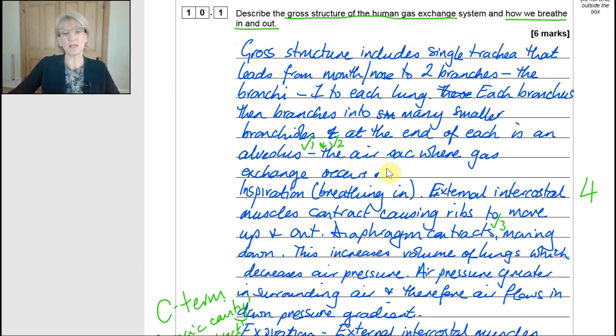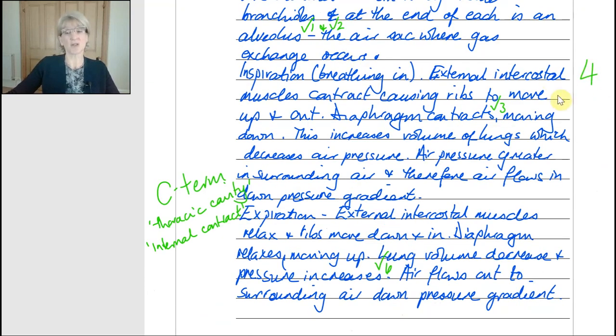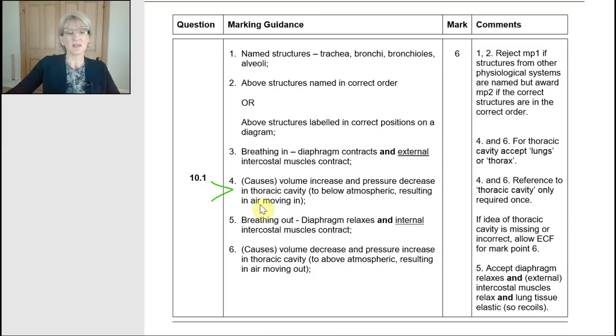So I've pre-marked this with the exam points numbered exactly where I think I have gained the marks. Looking at the mark scheme, I think I have lost 2 out of the possible 6 marks, and that is because of terminology. I lost this mark here because I didn't use the term thoracic cavity.